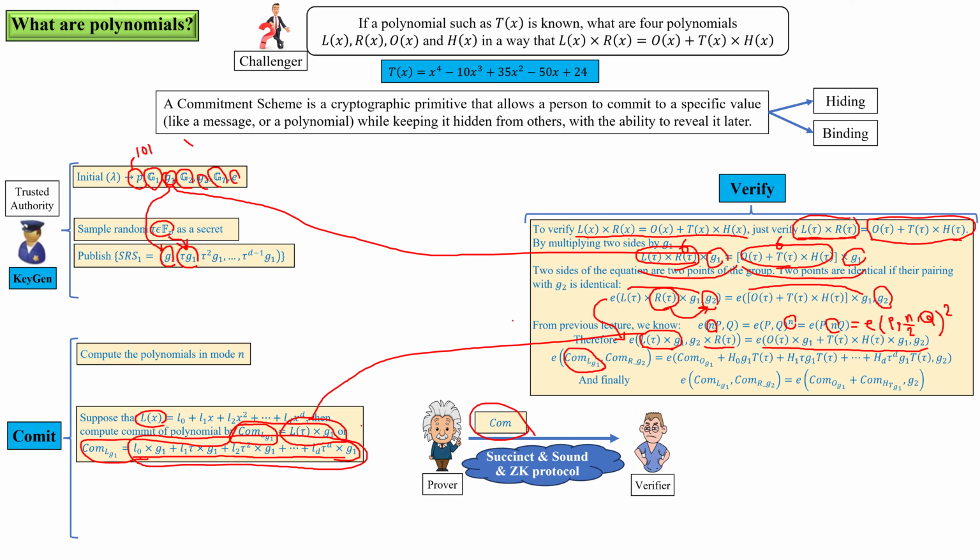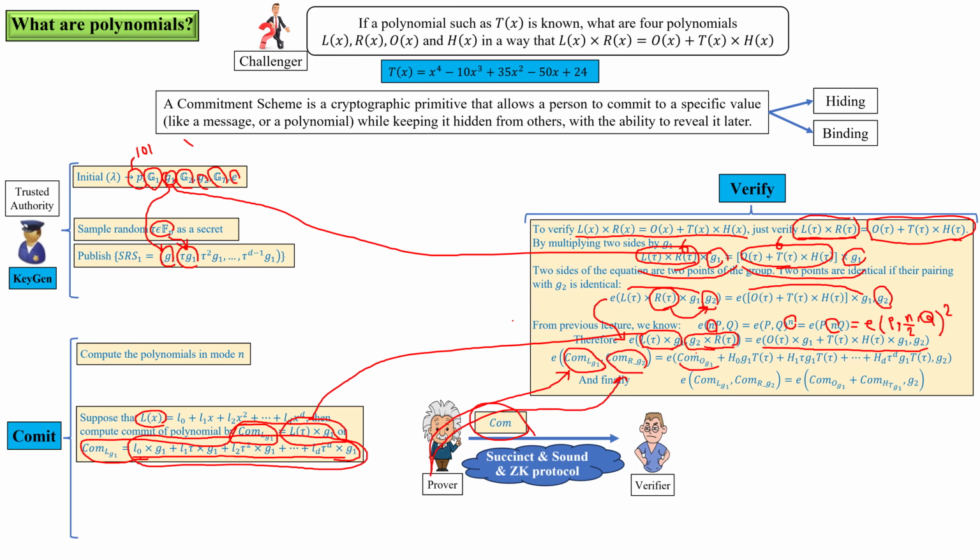So this value is already computed by the prover and sent to the verifier. The second part is also the commit of polynomial R of x, computed by the prover and sent to the verifier.